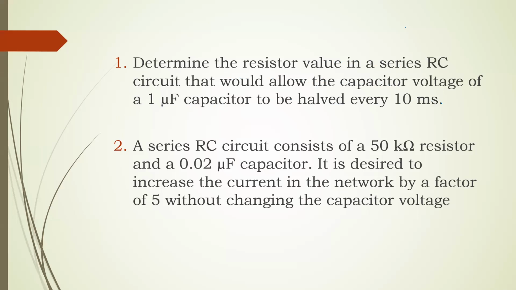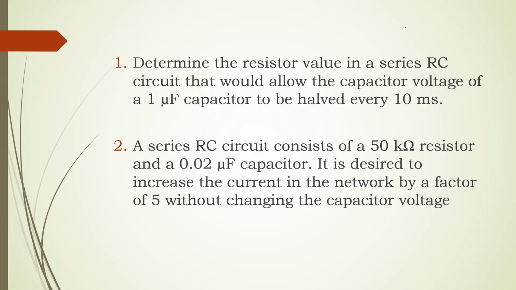Do you want the answer or do you want the process first, sir? All right, tell me. Okay, so by using the equation V(t) is equal to V naught times e raised to the negative t over RC, because the voltage would be halved, V(t) in this case would be V naught over 2.